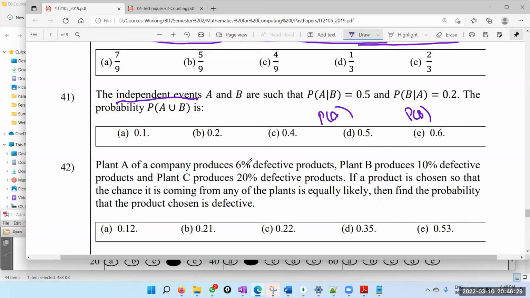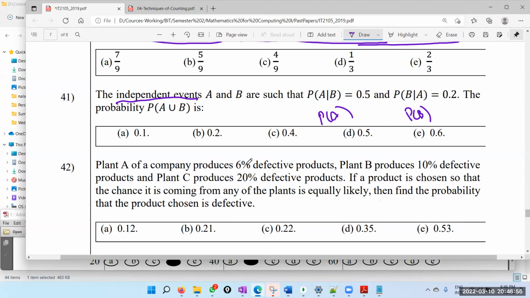0.7 is not there. Why is that? Independent events A and B such that P(A given B) is 0.5. Independent. P(B given A) is 0.2.